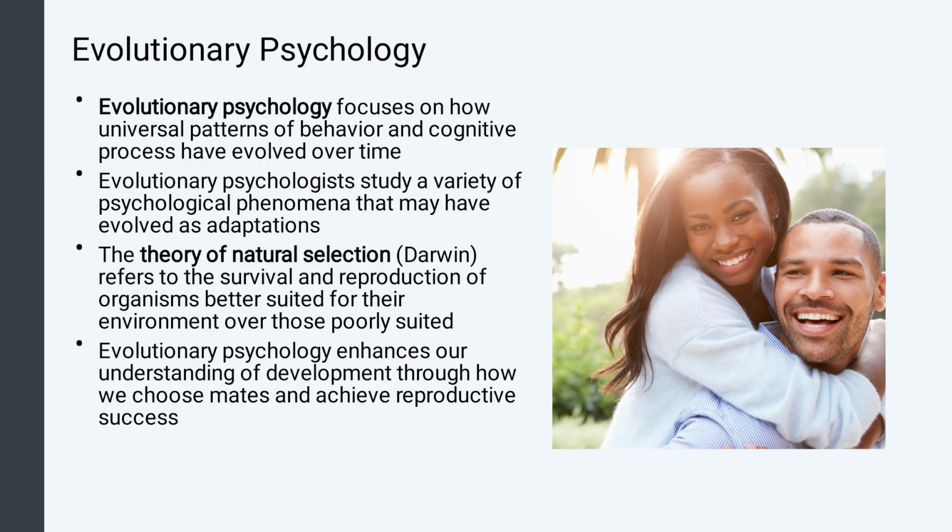Therefore we have here the theory of natural selection. This is according to Charles Darwin, the father of evolutionary theory. It refers to the survival and reproduction of organisms better suited for their environment over those poorly suited.